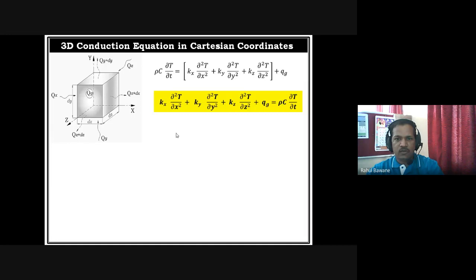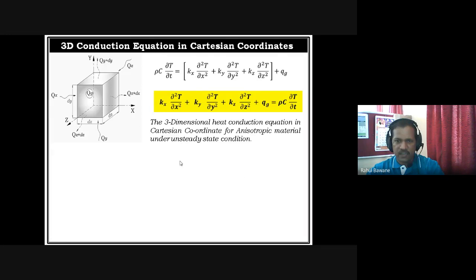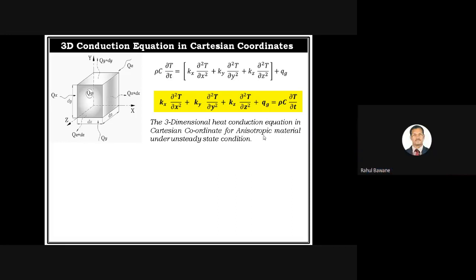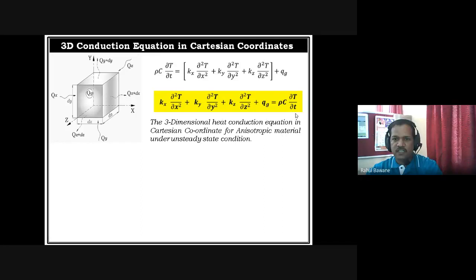So it doesn't have the same thermal conductivity in all directions. Such a material where thermal conductivity in x, y and z are different, not the same, is called an anisotropic material. So this final form is a three-dimensional heat conduction equation in Cartesian coordinates for an anisotropic material under unsteady state condition.